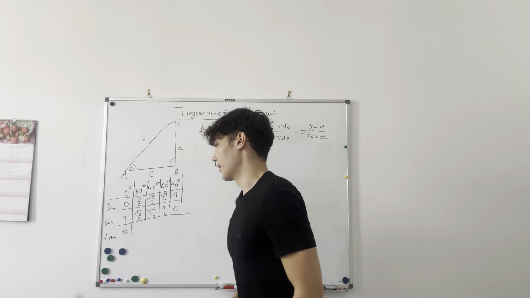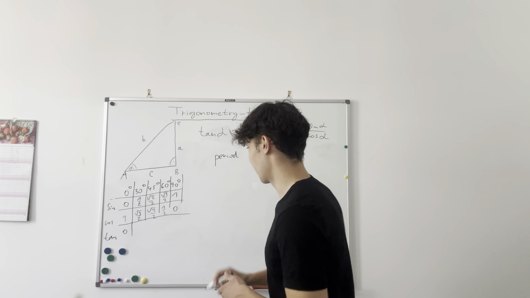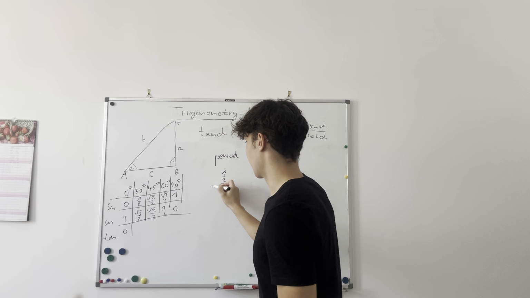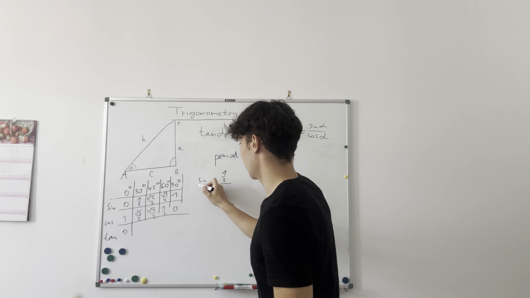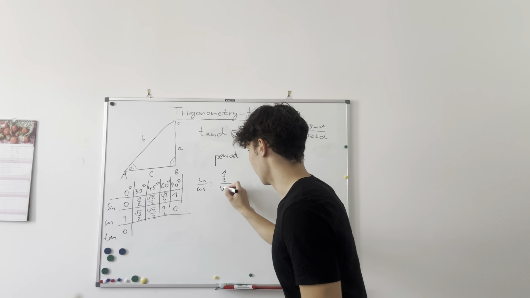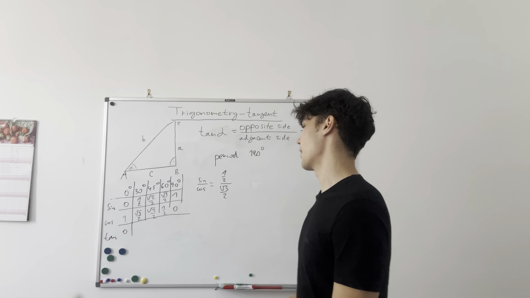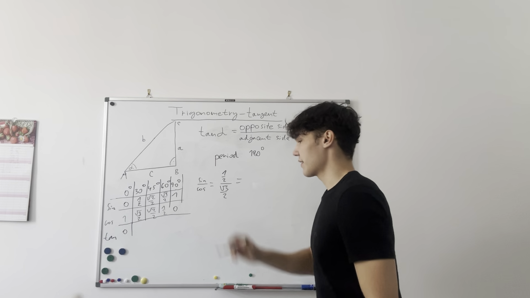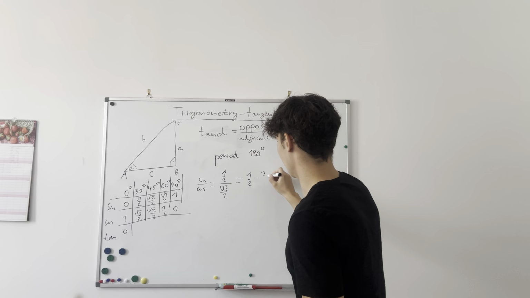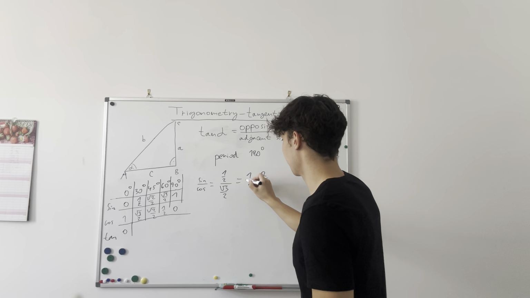For 30 degrees, we can write it down separately. It is basically sine divided by cosine, or 1/2 divided by the square root of 3 divided by 2. What this gives us is 1/2 times 2 divided by the square root of 3.